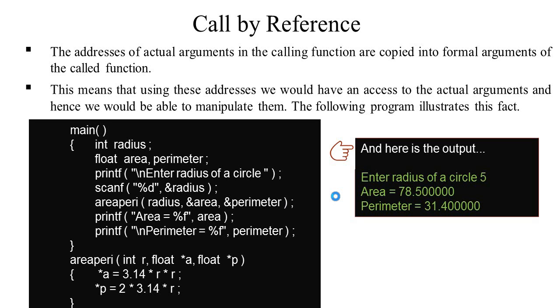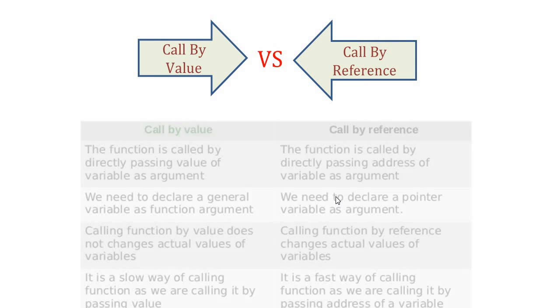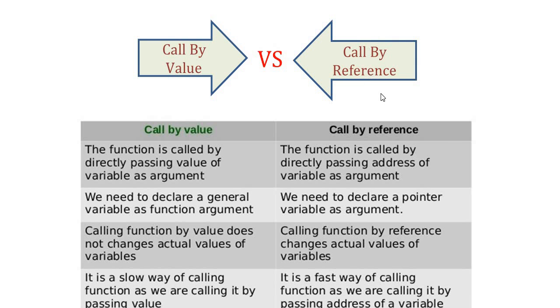Now let's see the difference between call by value and call by reference. As I have explained, in call by value we are passing the values of variables directly, whereas in call by reference we are passing the address of the variable as an argument. In call by value we declare a general variable as a function argument. In call by reference we need to declare a pointer variable as an argument, that asterisk sign.